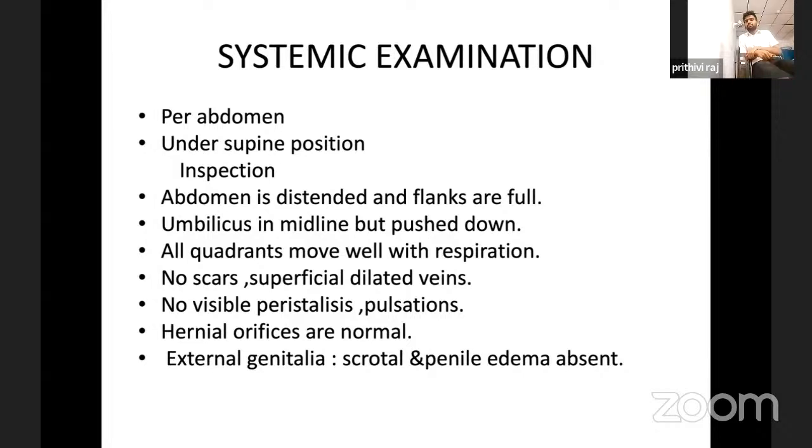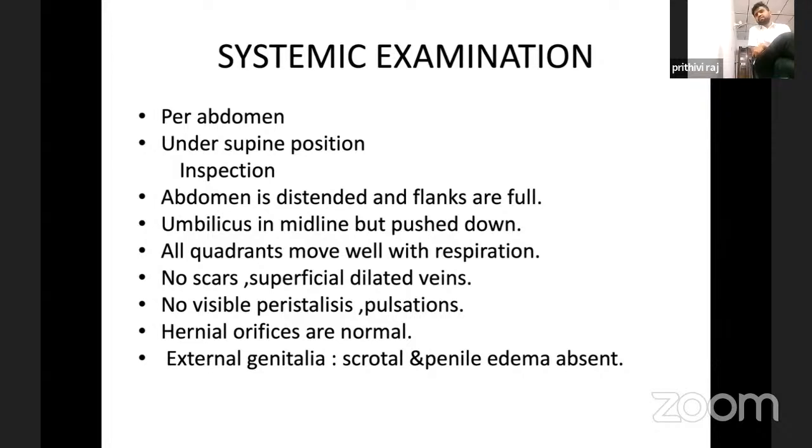Okay, everted, in midline, but pushed down. So what does that imply? If the umbilicus is pushed down, what does that signify? The fluid accumulation is more, just 1500 ml. Okay. I would suggest that you don't say pushed up or pushed down, because ascites is a dependent edema, right?